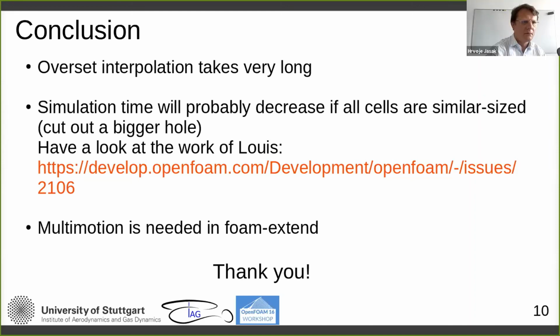A solution would be to increase the hole, to make it much bigger, so that the hole cutting and the ring of interpolated cells is further away from the boundary, so the cells are not going to be that small. So this would be an idea for overset: to have control on where the hole is being cut.